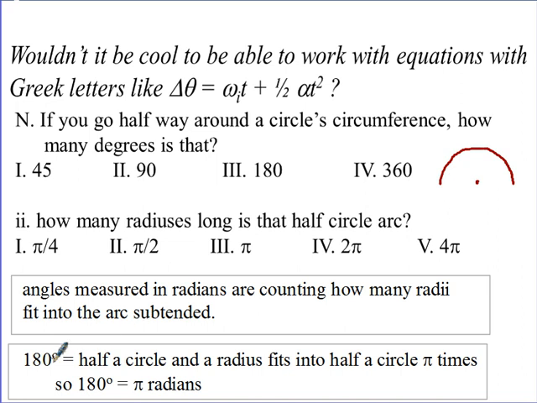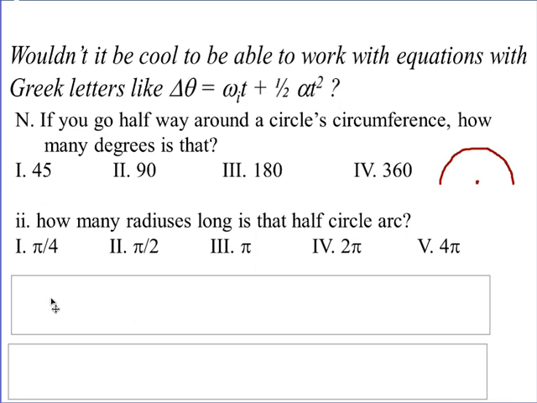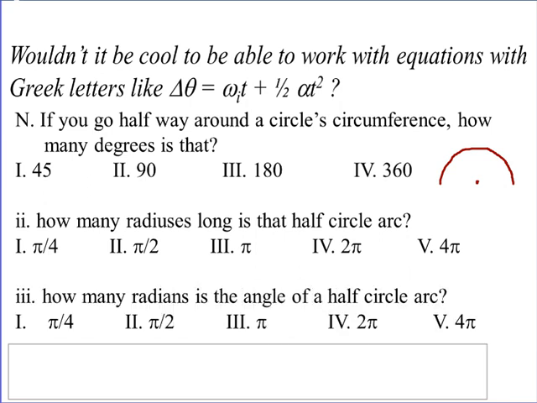That 180 degrees is going to be the same as pi radians, and that's what radians are all about. You've probably worked with them so much that you're very comfortable with them. But it is an issue because we're going to do everything in radians from now on.